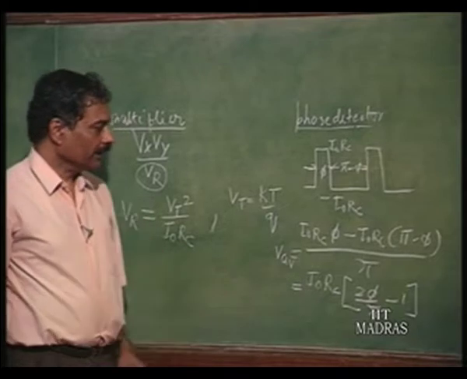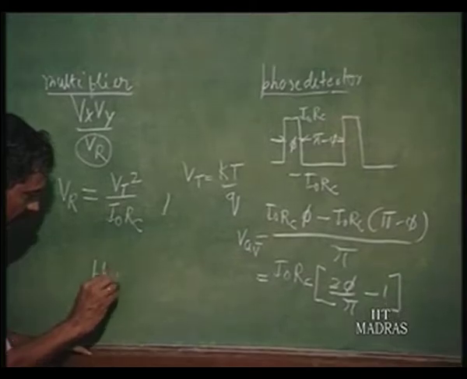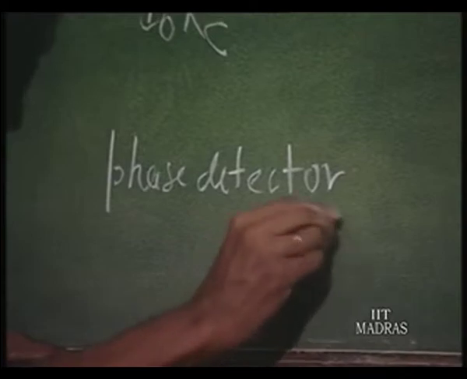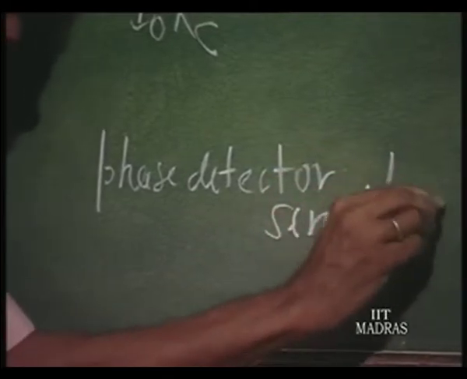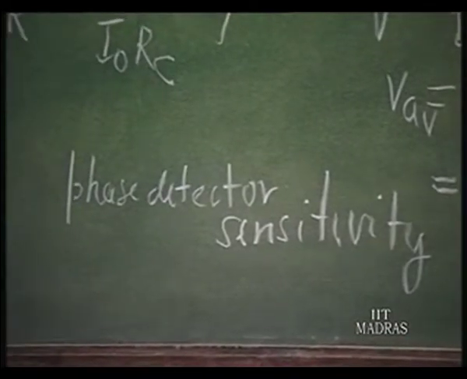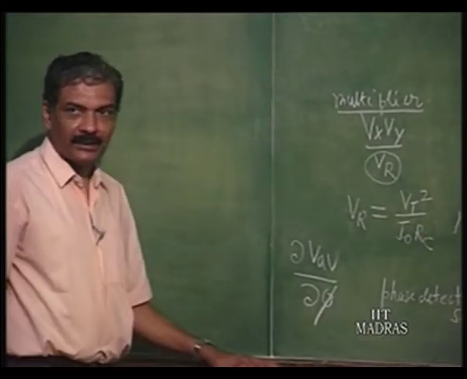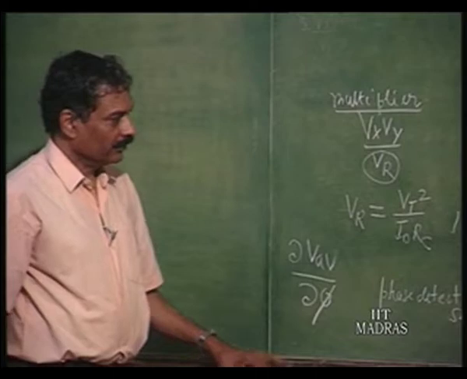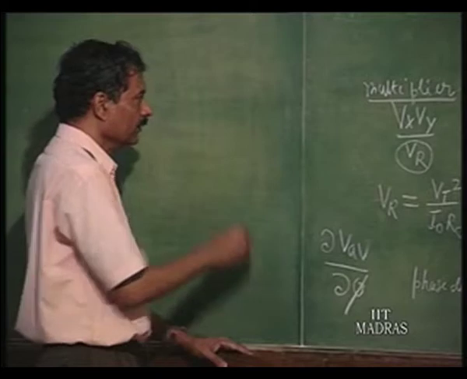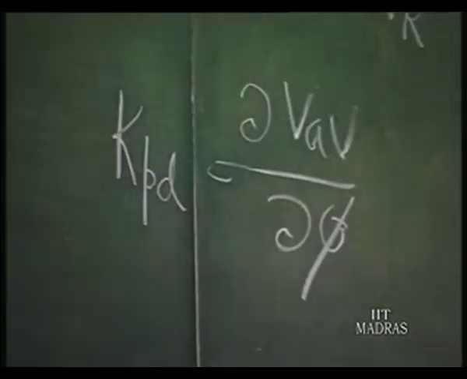This is important, and the phase detector sensitivity is nothing but delta V average divided by delta phi. This is the definition for phase detector sensitivity. The change of the average for a change in phase is nothing but, we will call this KPD.